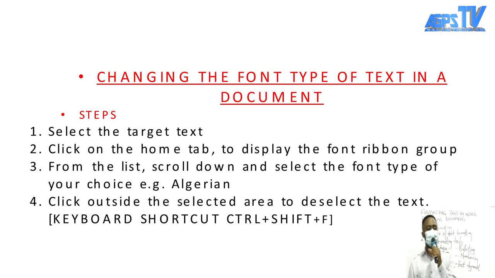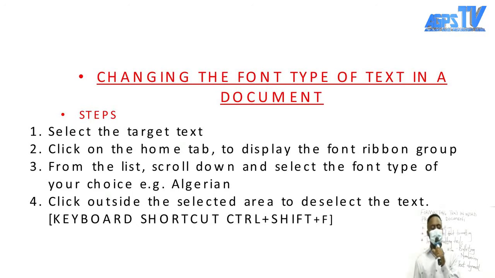So the first step is that you select the target text. Then step 2, click on the Home tab to display the font ribbon group. Step 3, from the list, scroll down and select the font type of your choice, for example Algerian.